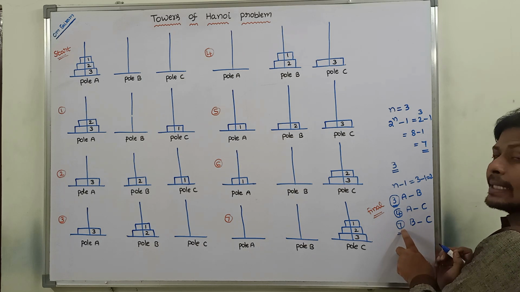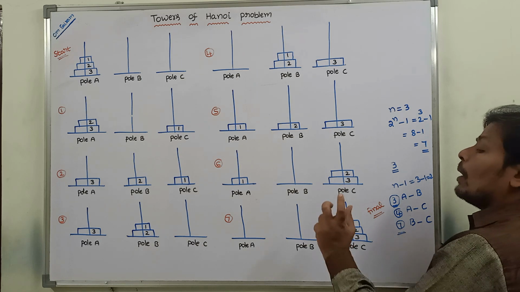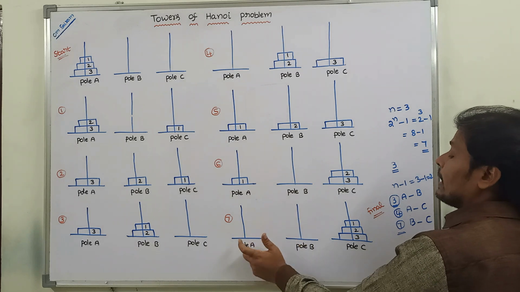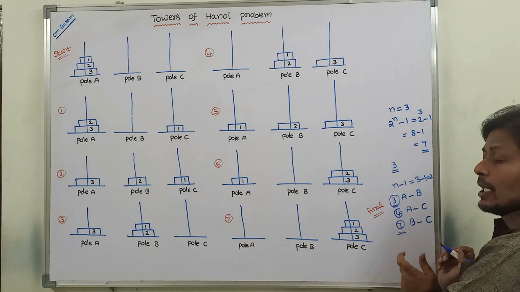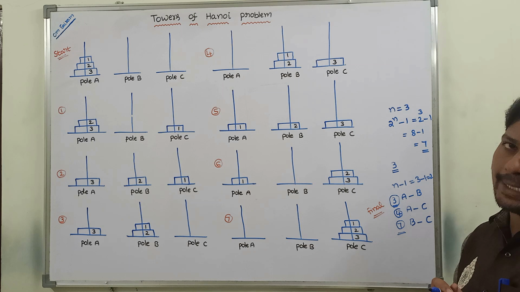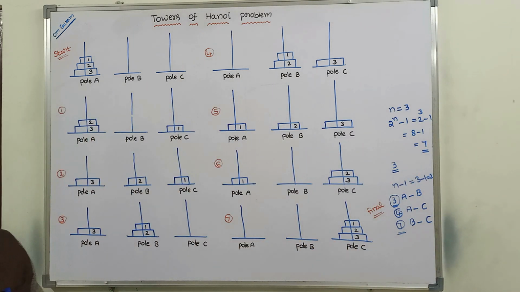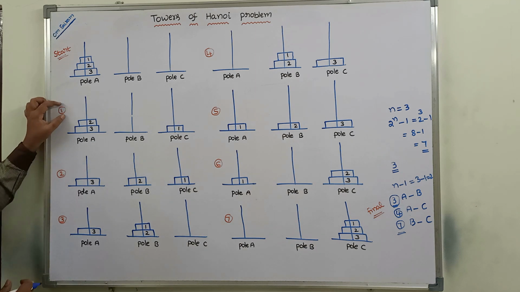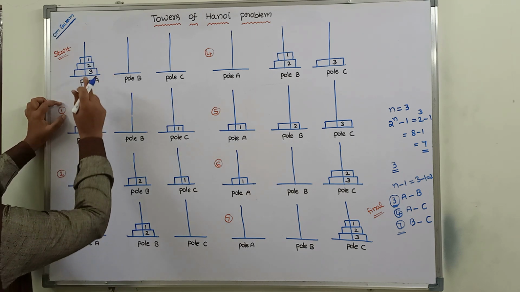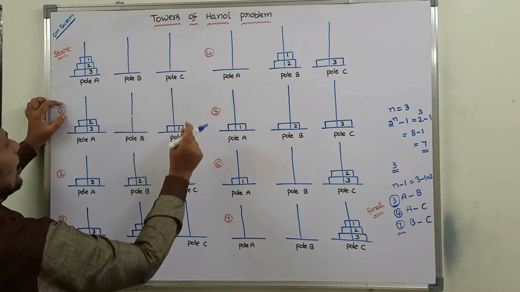After completing 7 steps, all the discs on pole A are moved to the destination pole, that is pole C. So what moves are required? In the first step, the first disc is moved from pole A to pole C.